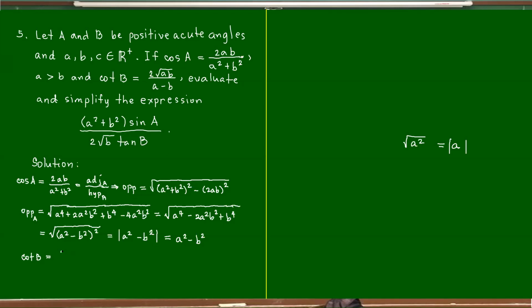Given we have 2 square root of AB all over A minus B, this is defined as adjacent to angle B over opposite to angle B. So which means that our unknown is the hypotenuse. So the hypotenuse to angle B is equal to square root of, what's that hypotenuse?